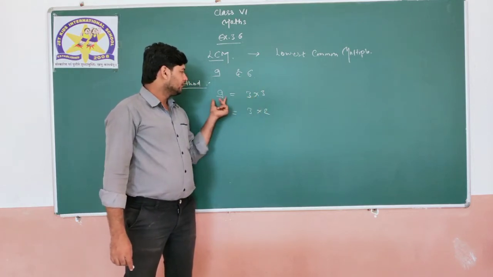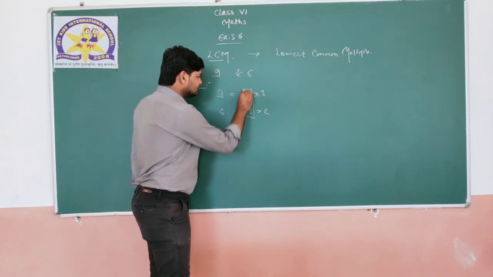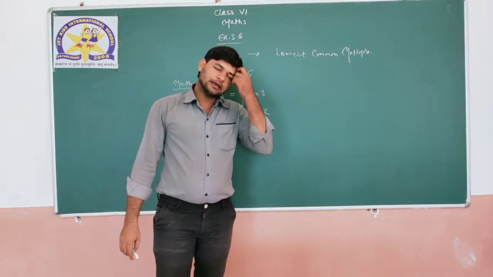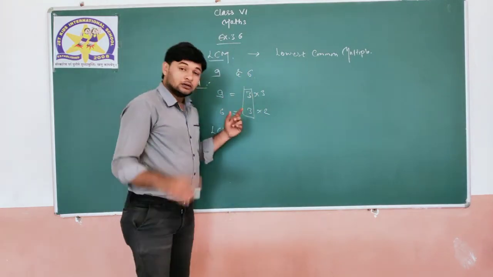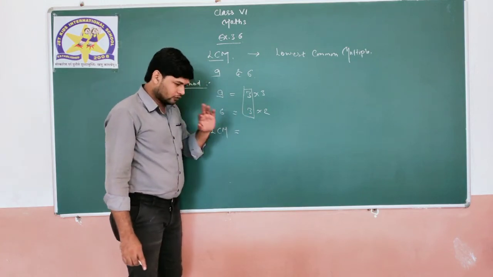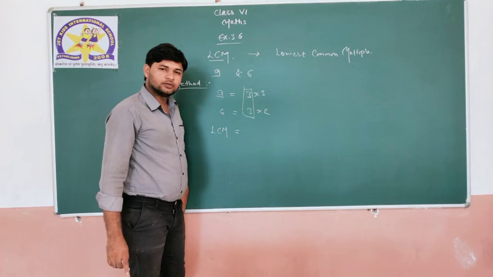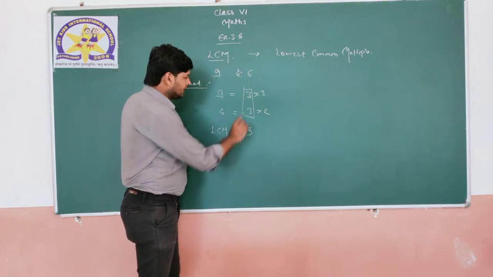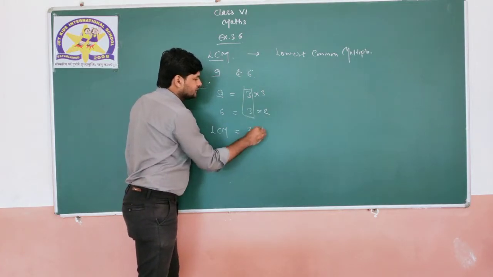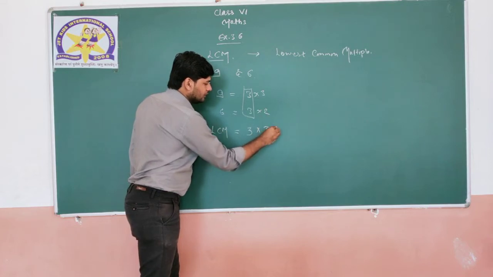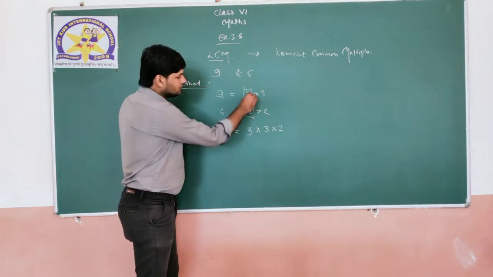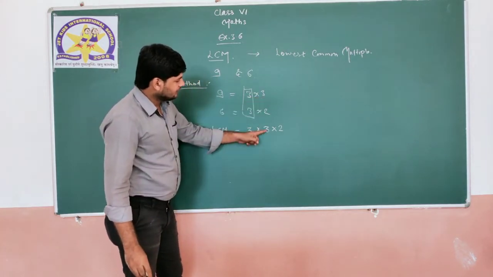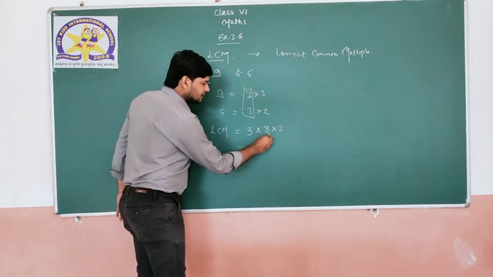Now take the common things for the LCM. In the LCM from prime factorization, take the repetitive thing, 3, one time, and the rest of the things as they are. Here 3 is repetitive and common, so I have taken only one. Then 3 is single and 2 is single. So it will be 3 threes are 9, 9 twos are 18.